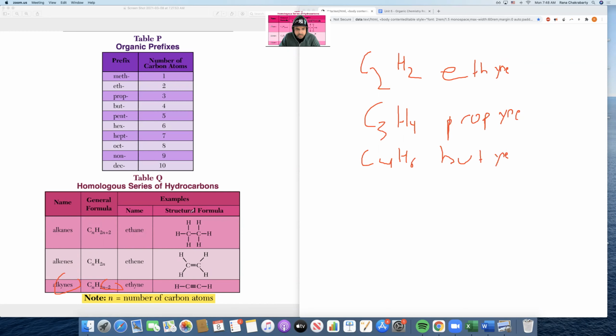So the next one would be C5H8. Right? That'd be pentyne. So follow that particular order, right? It would be C6H10, C7H12. Following that formula, right?